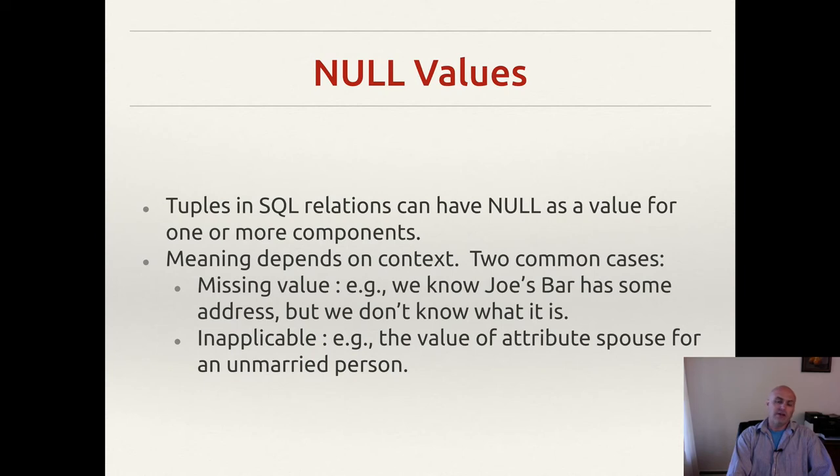Null values. So we haven't really spent a whole lot of time talking about null here, but this is an appropriate time to do it, because once you start bringing queries into the picture, you have to effectively deal with null. So tuples in SQL relations can have null as a value for one or more components.